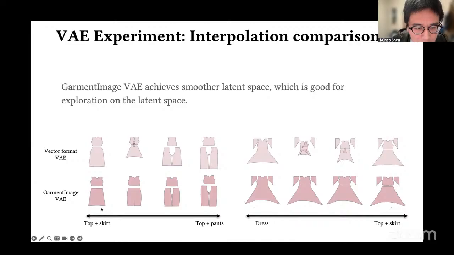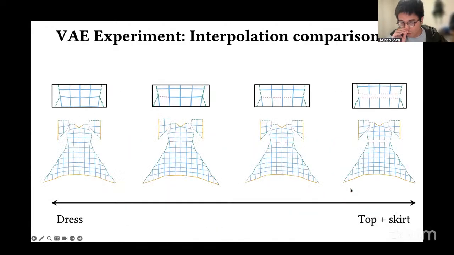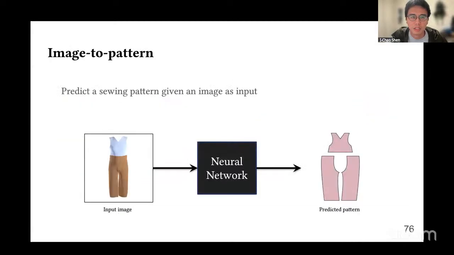But in our case, you can see this seam gradually showing up here and then gradually splitting. Also in this case, you can see this seam split gradually. And this is a zoom-in view of these changes. So this demonstrates the smooth transition of the latent space.